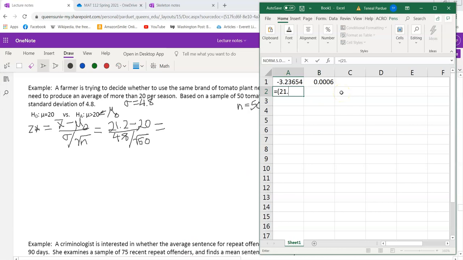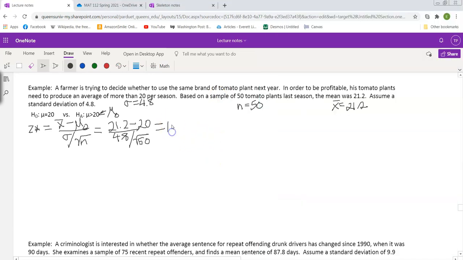So 21.2 minus 20 over sigma over the square root of n, and we get 1.7678. So that's our test statistic.